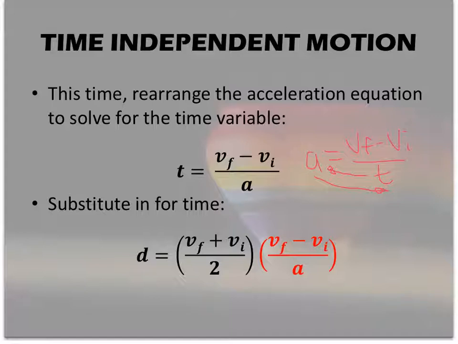I'm then going to take that and plug it into this equation, so I get d equals (Vf plus Vi) over 2, that was my average velocity, times (Vf minus Vi) over a, that was my time variable. And it looks a little messy. We've got final and initial velocities everywhere and things we have to clean up.